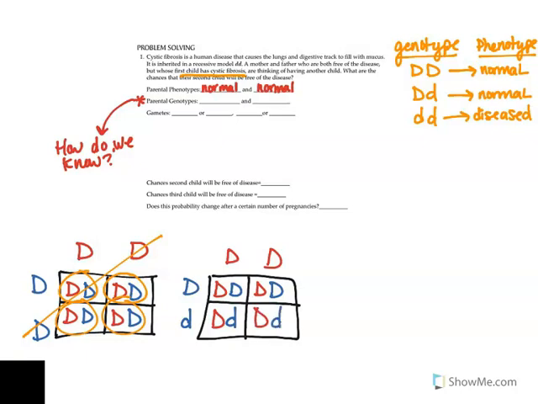Looking at my results, remember that I need homozygous recessive to get the disease. I don't see lowercase d in any of these offspring. I do see homozygous dominant at the top and heterozygous at the bottom. None of those offspring would ever have cystic fibrosis. If these two individuals mate, they will never have an offspring with cystic fibrosis. This cannot be the parents' genotypes.